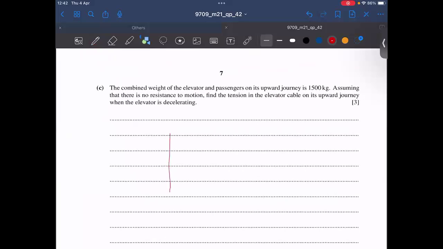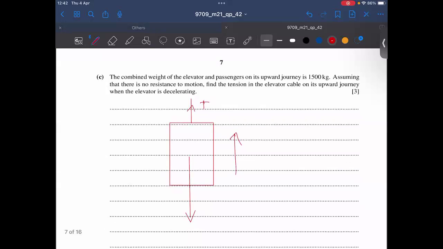Let me sketch an elevator for you. This is the tension. It is the upward journey, it's moving upward.